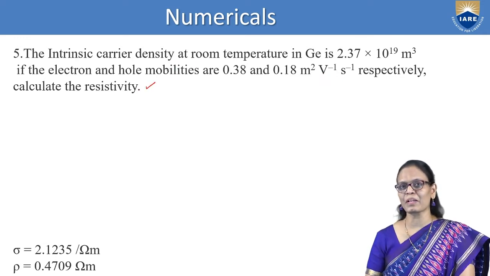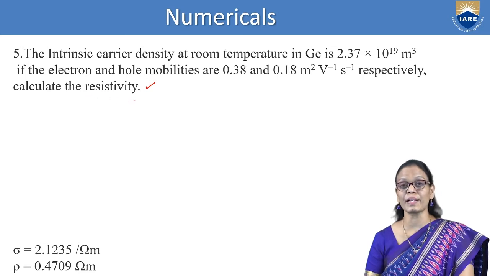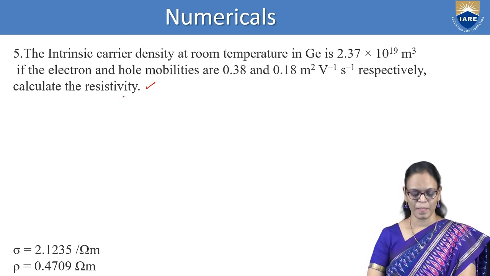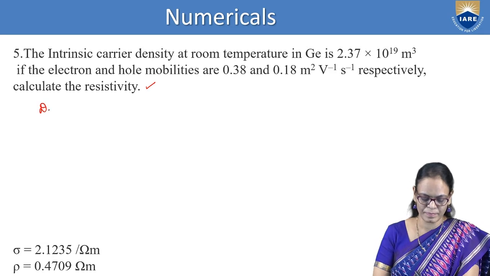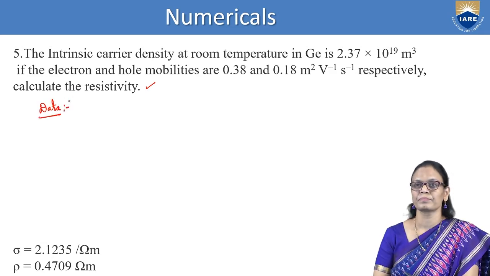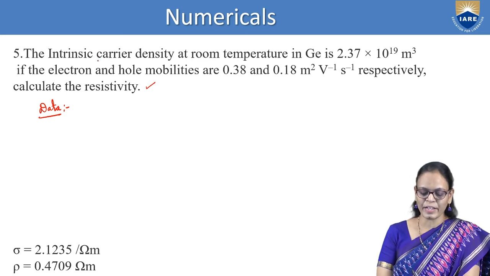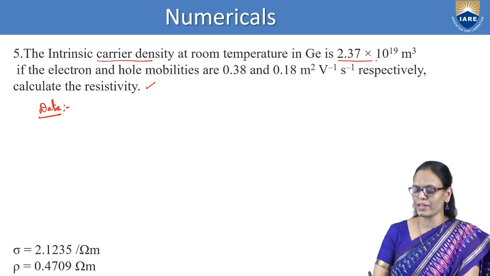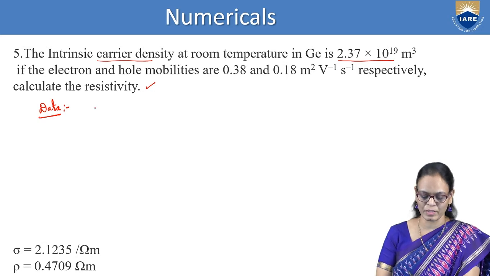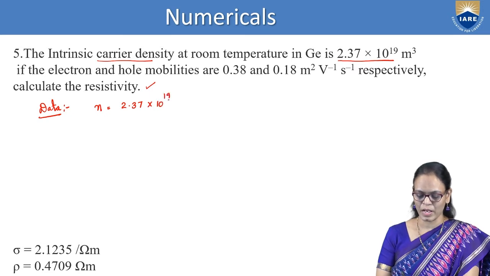It is similar to the previous question, but here we are going to calculate the resistivity. So write the data. Carrier density is given, 2.37 into 10 power 19. So N is equal to 2.37 into 10 power 19.